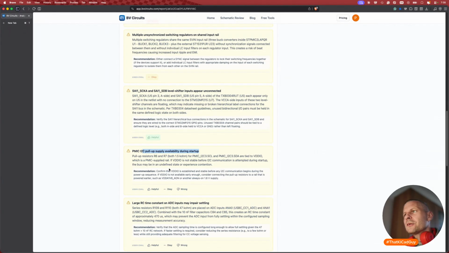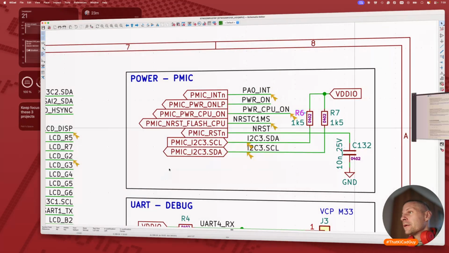If VDD-IO is not stable before I2C communication is attempted during startup, the bus may be in an undefined state or experience contention. That's actually a very good finding, because that's correct.